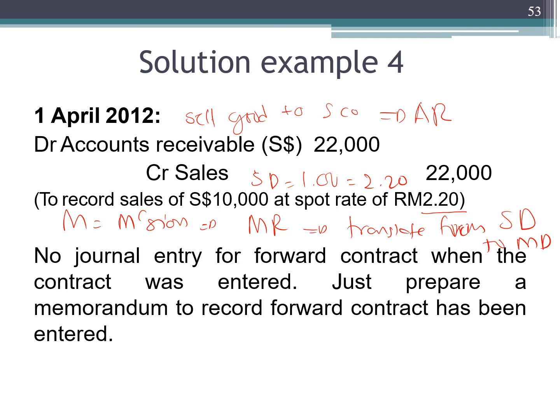So there is no journal entry to record for a forward contract. Your derivative here, your hedging instrument, is a forward contract. For the forward contract, we don't have to prepare a journal entry because there is no initial payment.